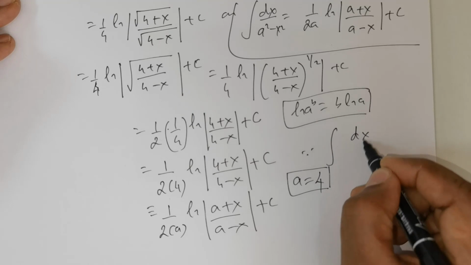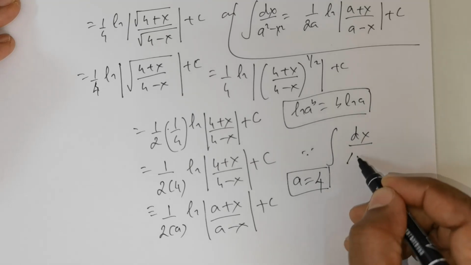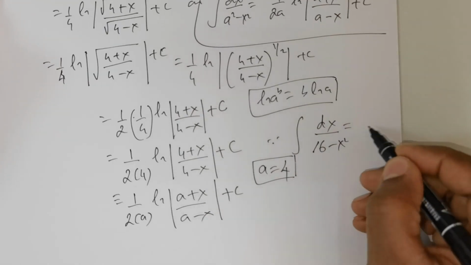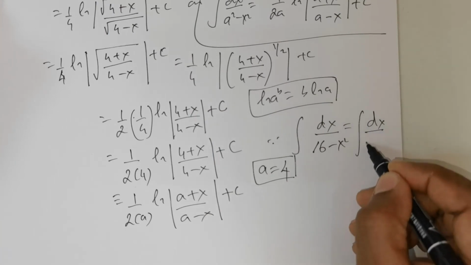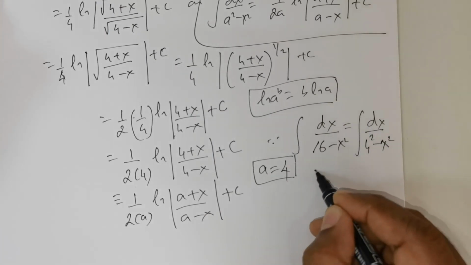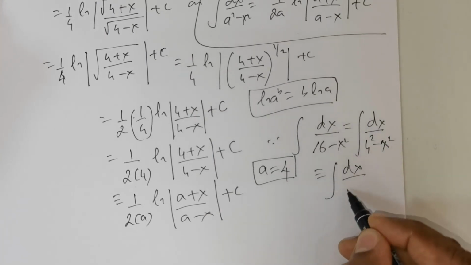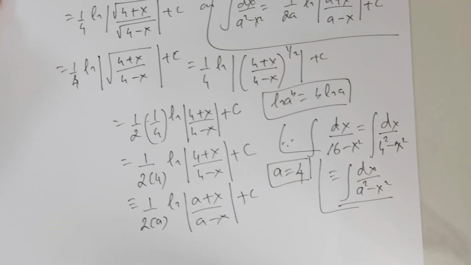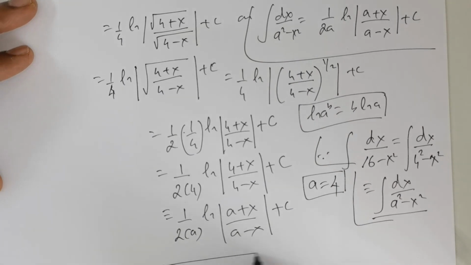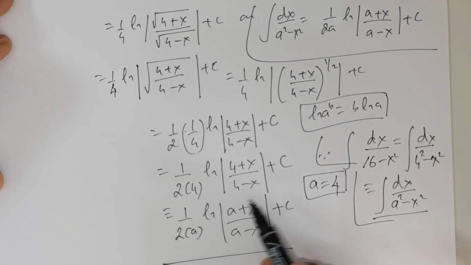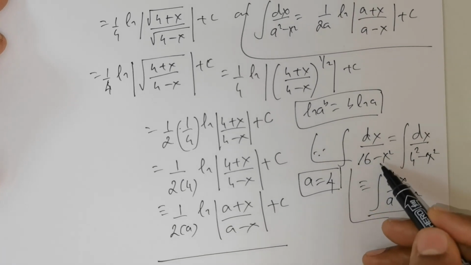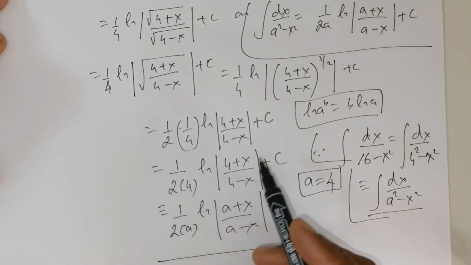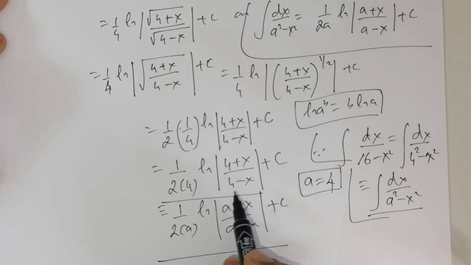Because the question, integral dx over 16 minus x squared, is nothing but integral dx over 4 squared minus x squared, which is similar to integral dx over a squared minus x squared. Now I did all of this to show you how exactly we can use this formula to directly write the output. When I say output, I mean the solution. We can directly write the solution.